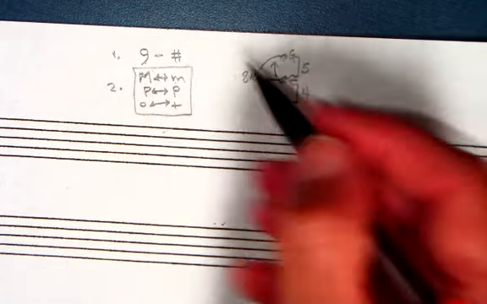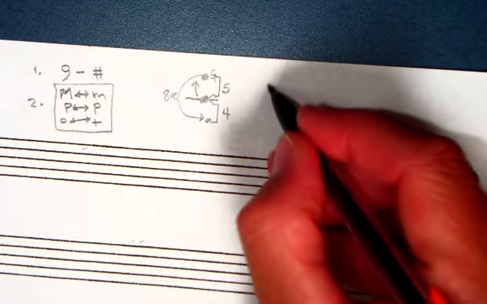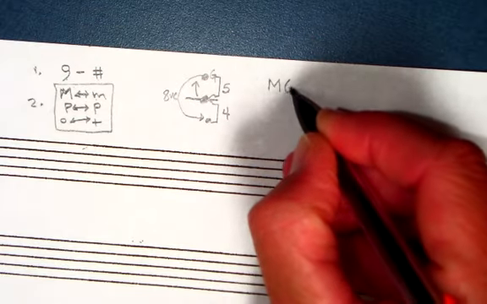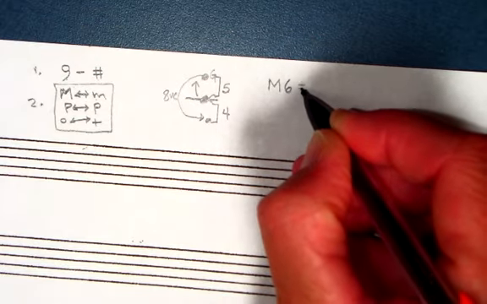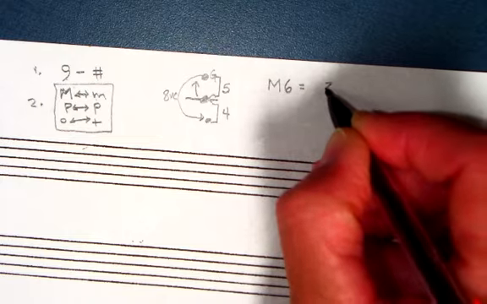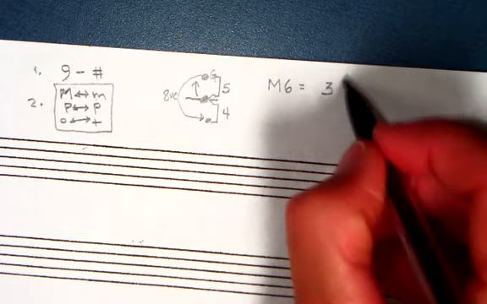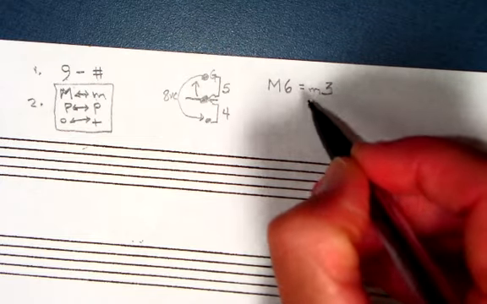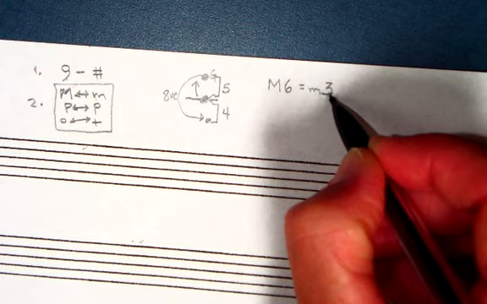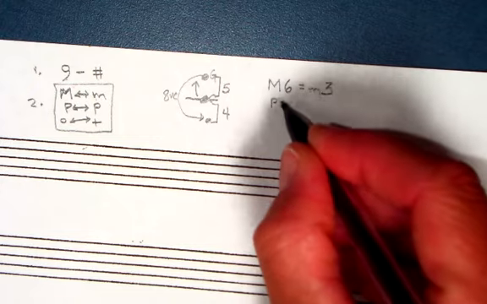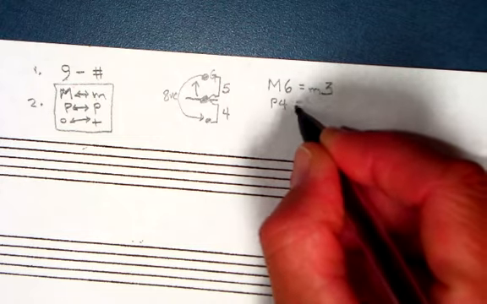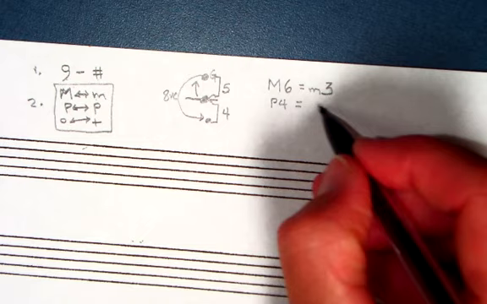Ergo, if I have a major sixth and I want the inversion, what is it? 9 minus 6 is 3. Major becomes minor. So the inversion of a major sixth is a minor third. If I had a perfect fourth and I wanted its inversion, 9 minus 4 is 5. Perfect stays perfect.